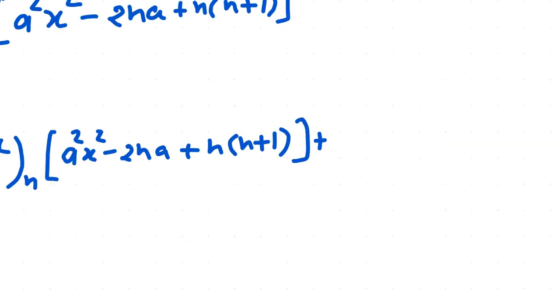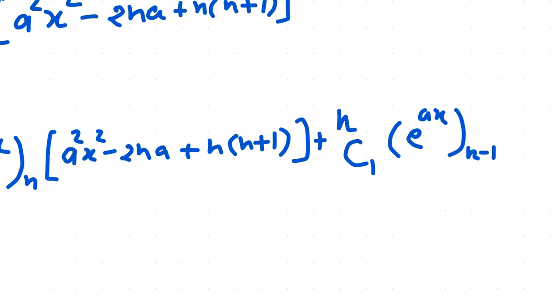I'm taking this directly. If you have any problem then you can ask me. And e to the power ax means the n minus 1th order derivative of e to the power ax.